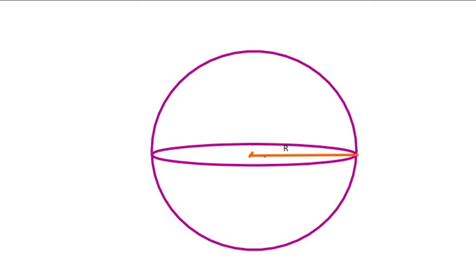And what is that? The center of their circular base aligns with the center of the sphere. What do I mean? It means all the cylinders that are possible inside this sphere have their centers aligned with this center. They cannot be here.